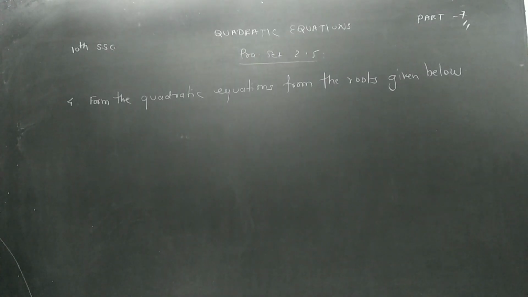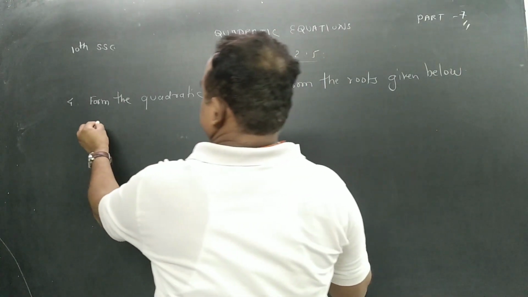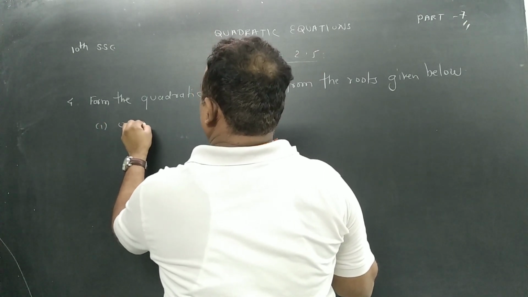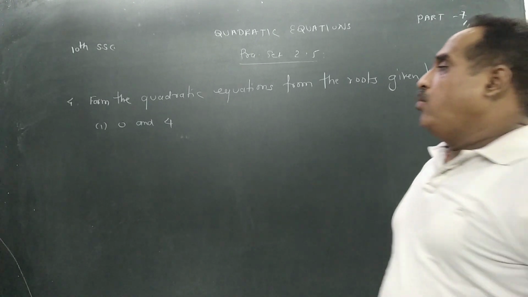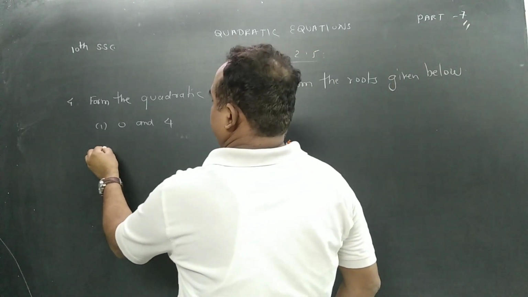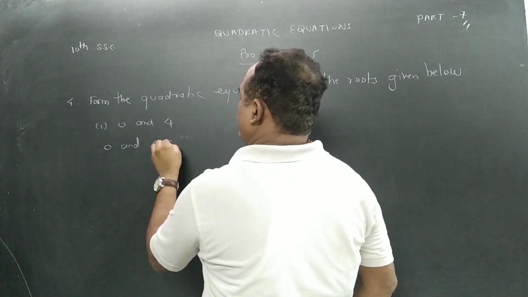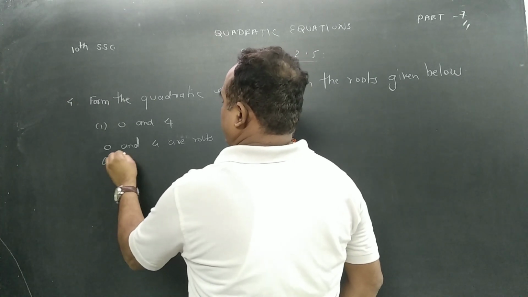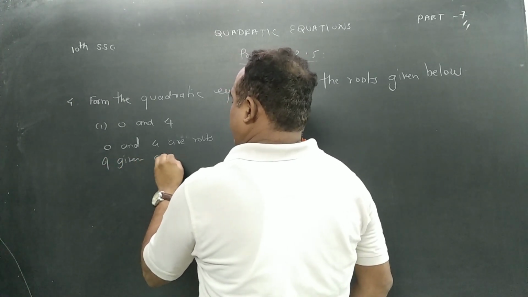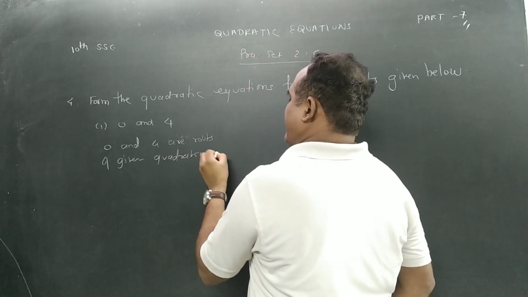See, form the quadratic equation from the roots given below. They have given first 0 and 4. Got it? What can I write down? 0 and 4 are roots of the given quadratic equation.